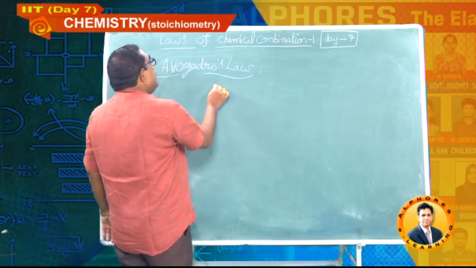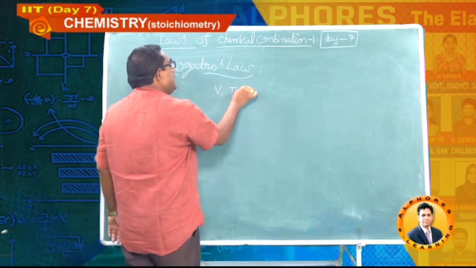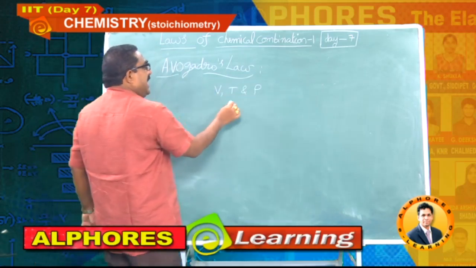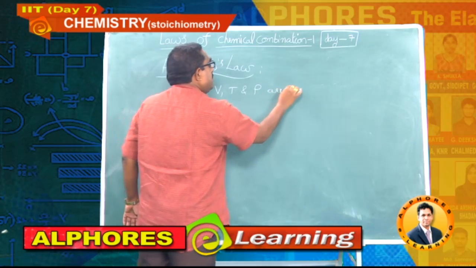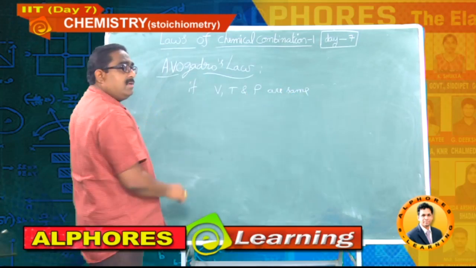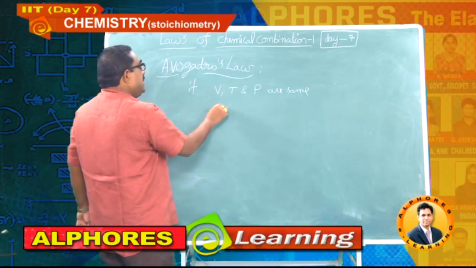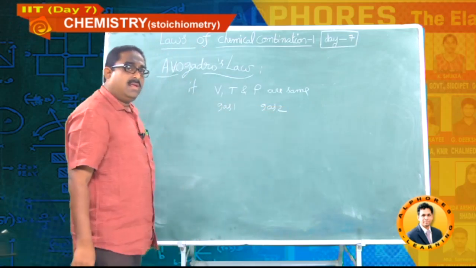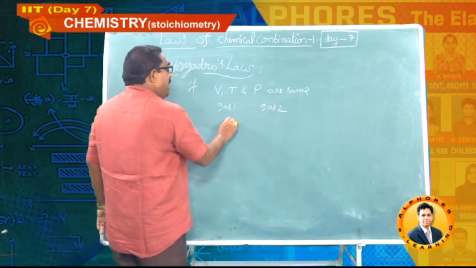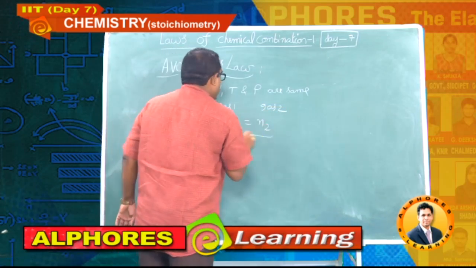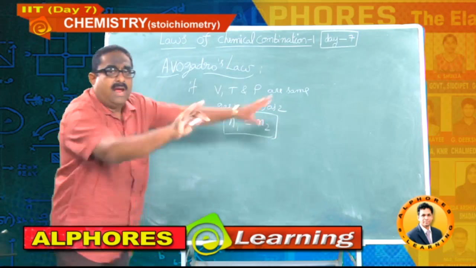It means if volume, temperature and pressure are the same for two different gases, that is for gas 1 and gas 2 say, then the number of molecules in gas 1 and gas 2 is also the same.